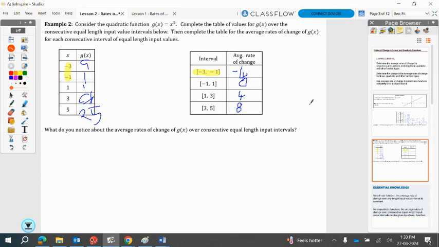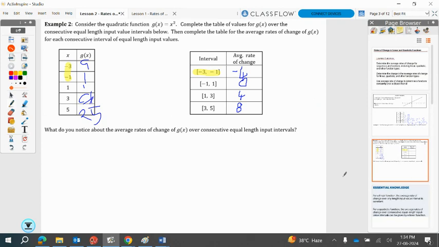So rates of change of g of x are given by a linear function. If we have a constant rate of increase in the rate of change, we can express it as a linear function if we wish. If we have this constant increase in the rate of change over consecutive intervals of equal length, then that will define it as being a quadratic function.